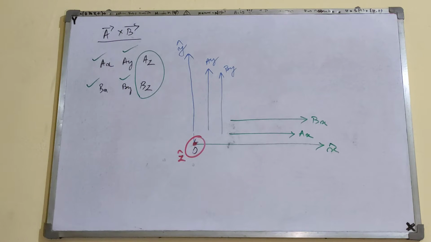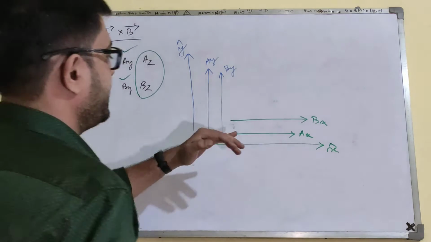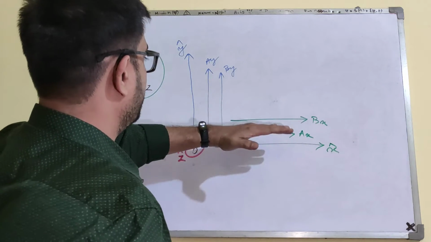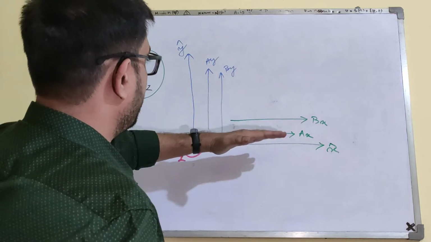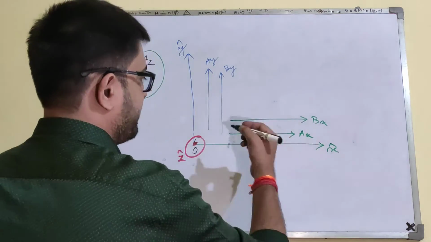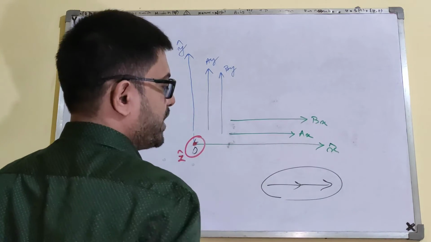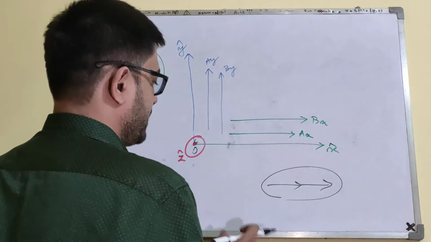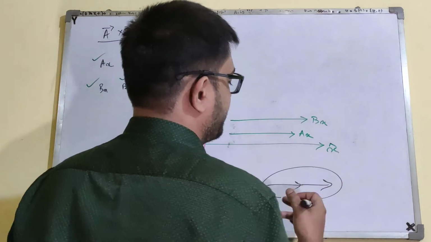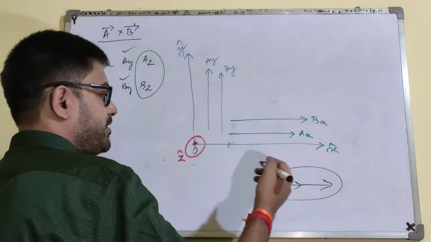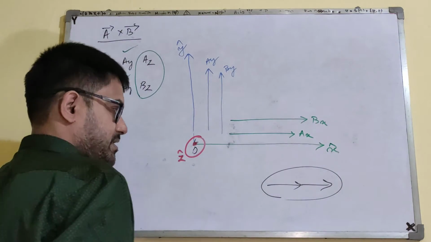Now how does the crossing happen here? It's very easy to see, because ax cannot cross bx. If ax crosses bx, they both follow the same line and there is no area, the area covered is 0. When I say area, it basically defines the amount of space.